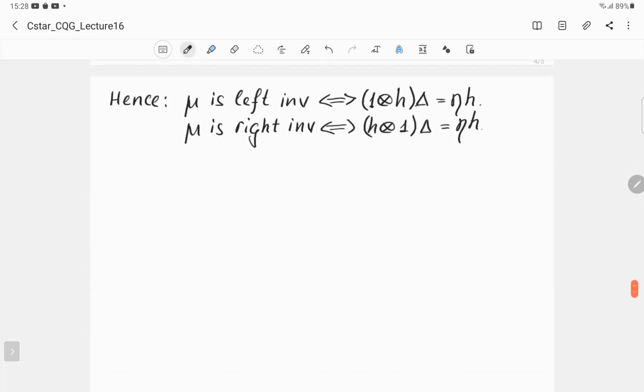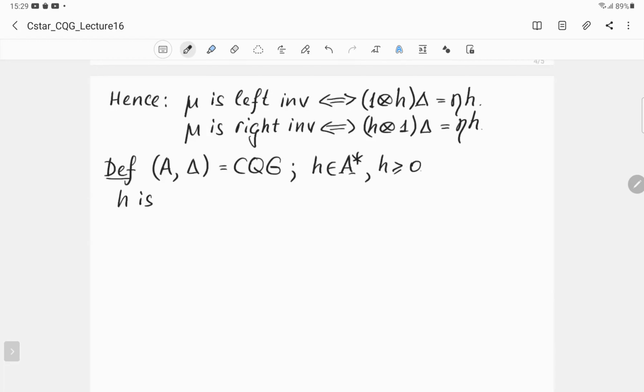So we give the following definition. Suppose that A with comultiplication delta is a compact quantum group, and suppose that h is a positive linear functional on A. We say that h is left invariant if the following formula holds.